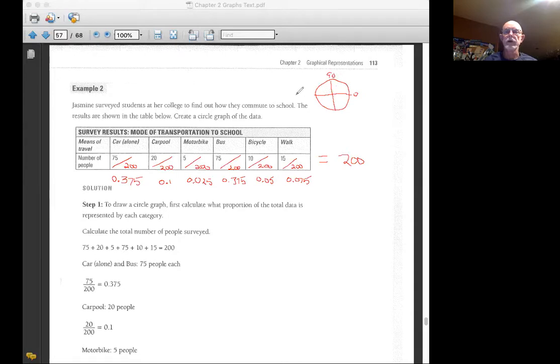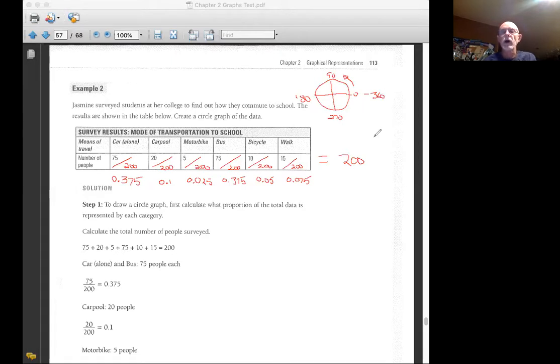Straight across is 180. Going this direction, 90, 180, 270, and all the way back around. This is the equivalent of 360 degrees.